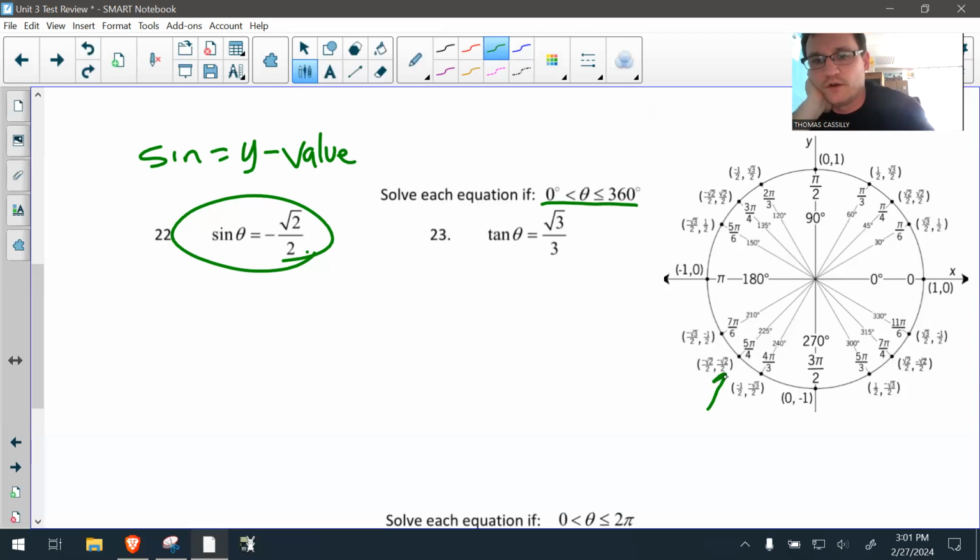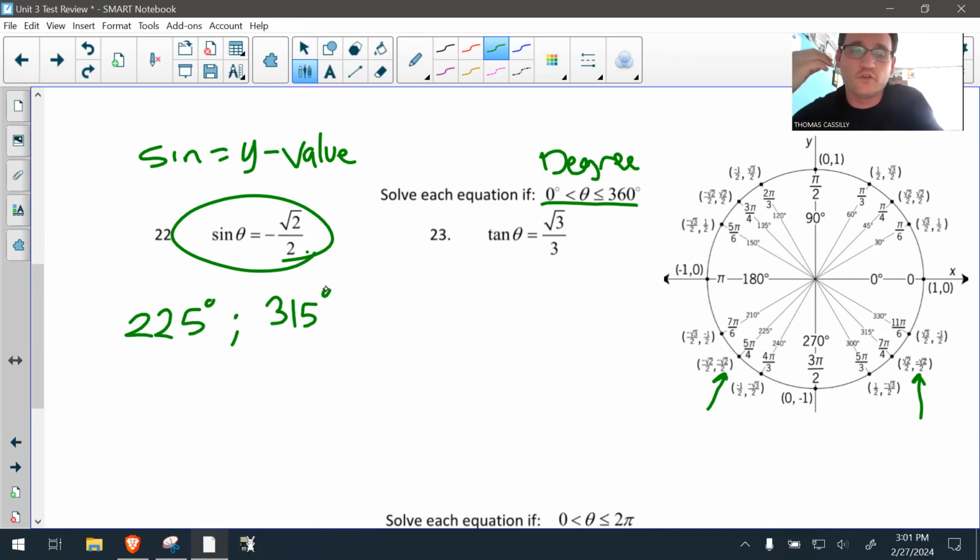There's one. We just need to find the other one. There's the other one. Write down those angle measures. Now, keep in mind, this is degrees. So your answer should be in degrees here. The first one I see is 225, and the second one is 315. So there's your sine function.